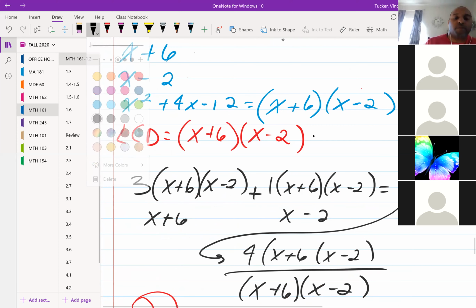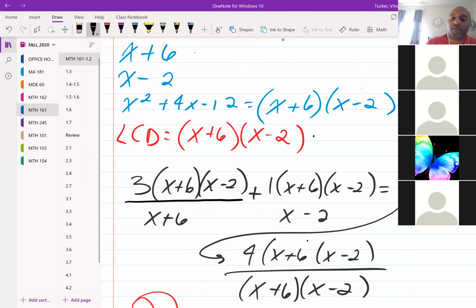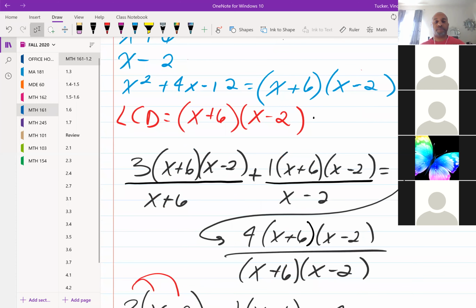All right, so this is the next step. Multiply each numerator by the LCD, which is x plus 6 times x minus 2.